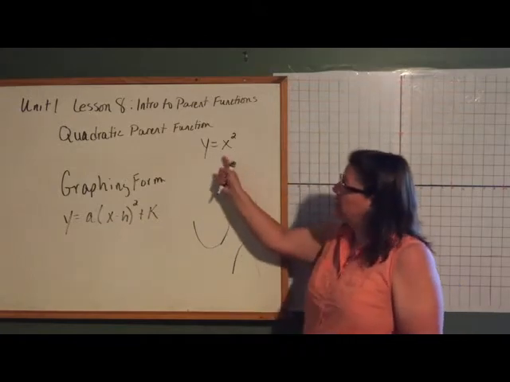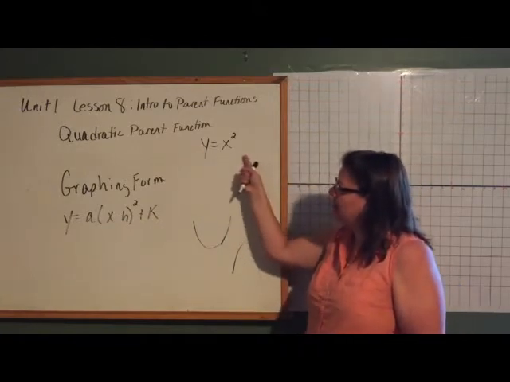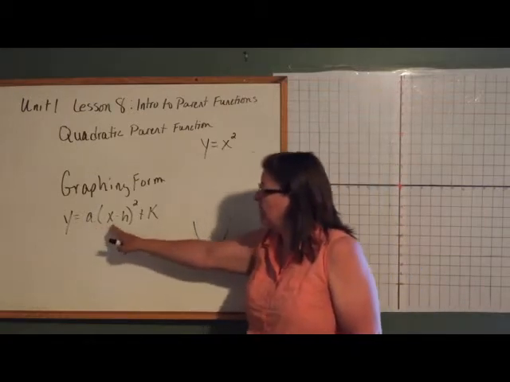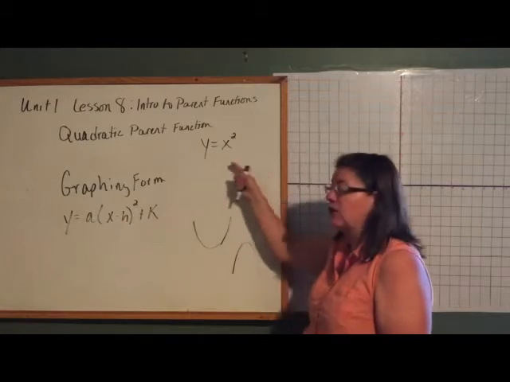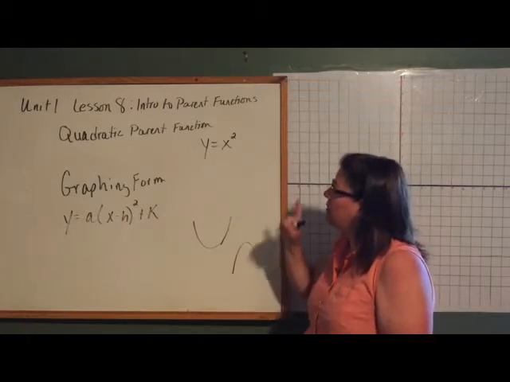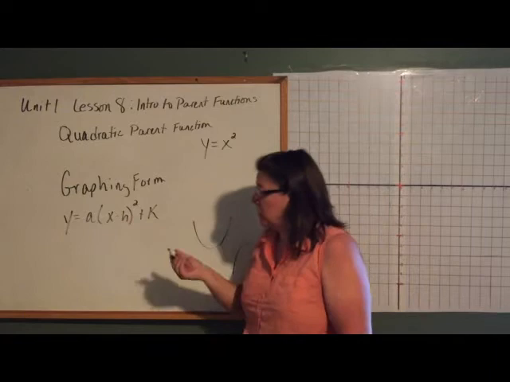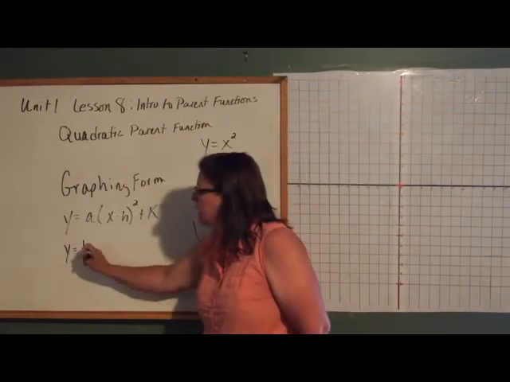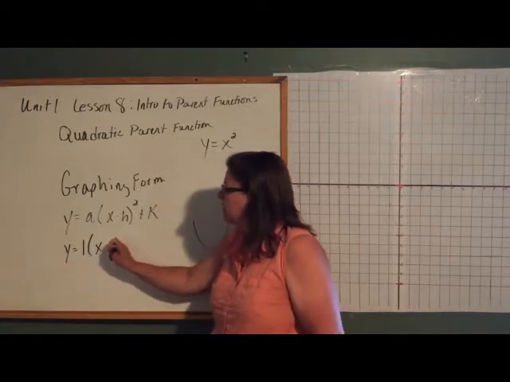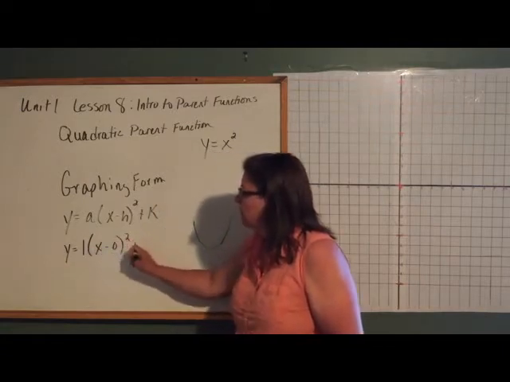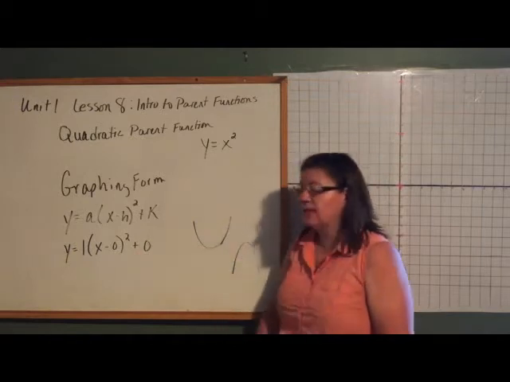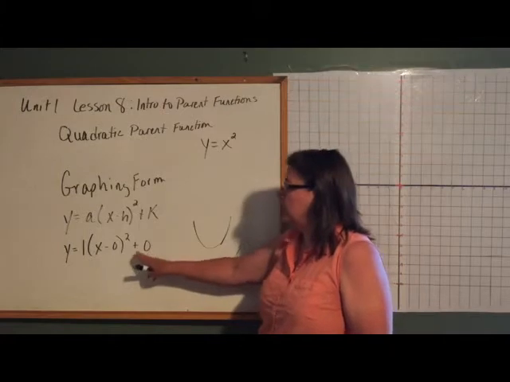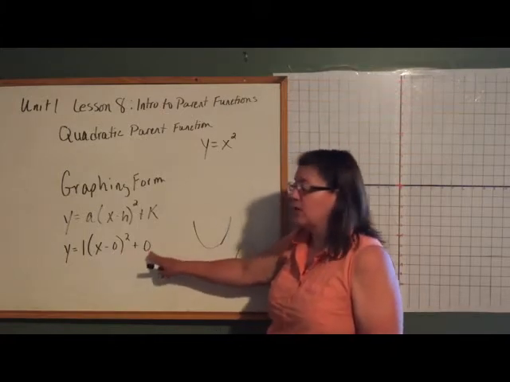Okay, now if you look at this right here, that is in graphing form, but we don't have the a, the h, or the k actually written out. So let me show you what that would be written as if it were actually in graphing form. It would be y equals 1 times (x minus 0) squared plus 0. So basically what this one is telling me is 0 is my h, 0 is my k.